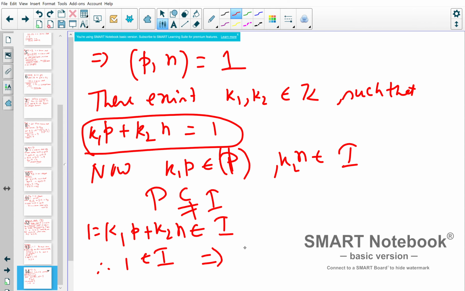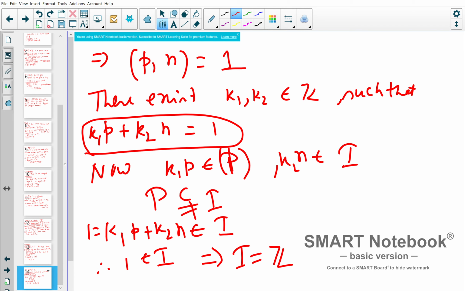It means that I equals the full ring Z. Clear? Because 1 inside I means, since I is an ideal, if you multiply by any integer, that will be again inside I. So every integer is inside I. Clear?